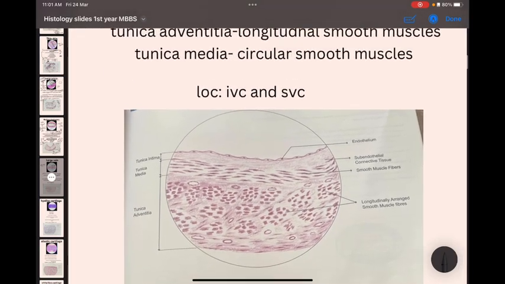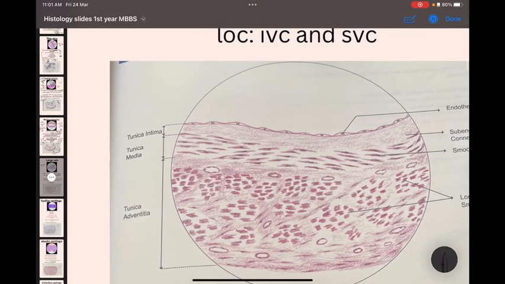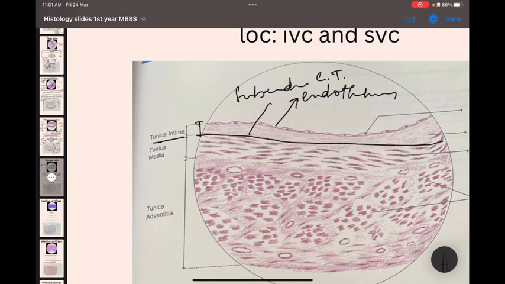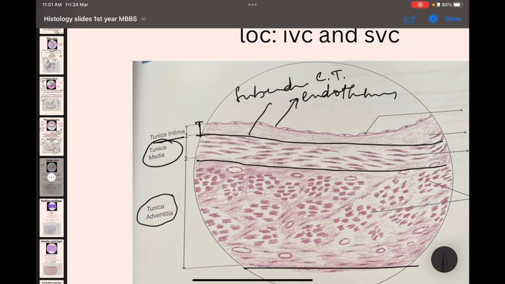Tunica adventitia, we'll see the diagram. Tunica intima, this much. Subendothelial, endothelium, subendothelial connective tissue. The next layer is tunica media, tunica adventitia. Done.